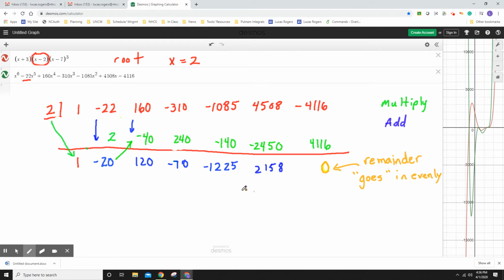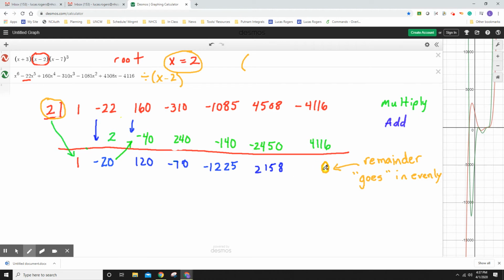And what that means is that our divisor, dividing by a root of x equals 2, which was a factor, so basically if we divided by x minus 2, it went in evenly, like we saw originally in our problem. And what that means is that x minus 2 was a factor of our original polynomial.